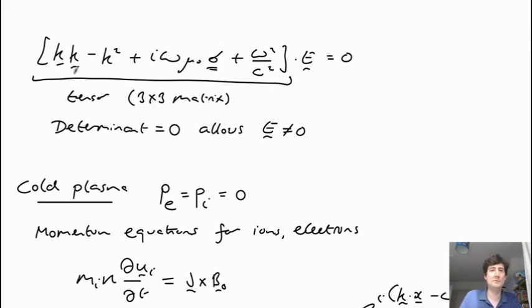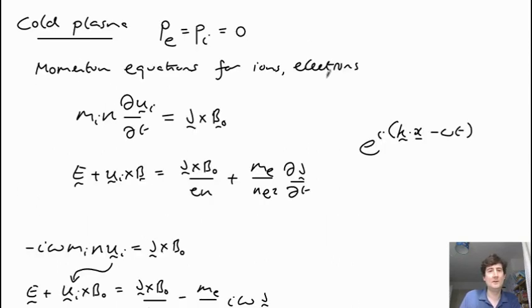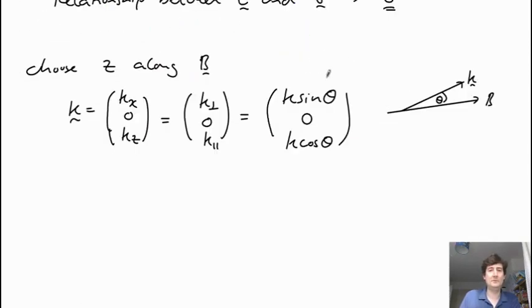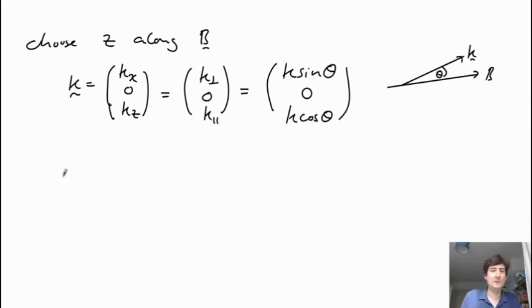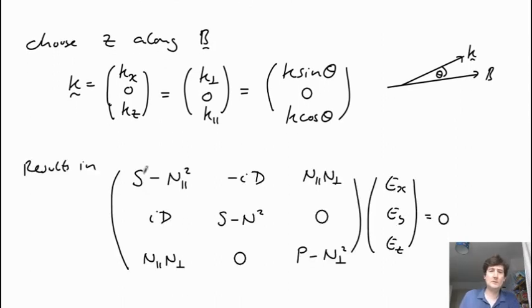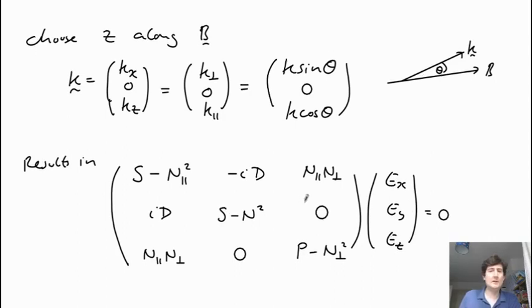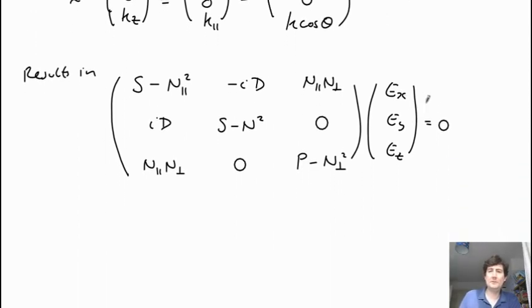It's quite a long process, but fairly straightforward, and you end up with a matrix. It's a 3x3 matrix for each of the components of E, and as I said before, if E is not 0, then the determinant of this matrix should be 0 in order to have wave solutions.